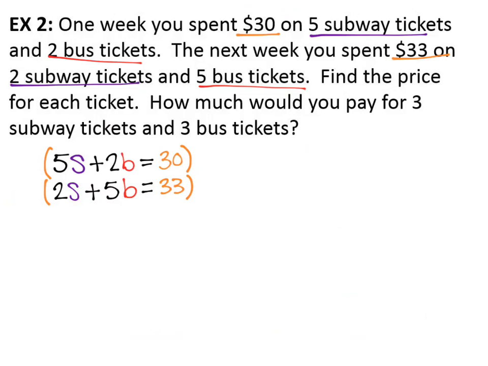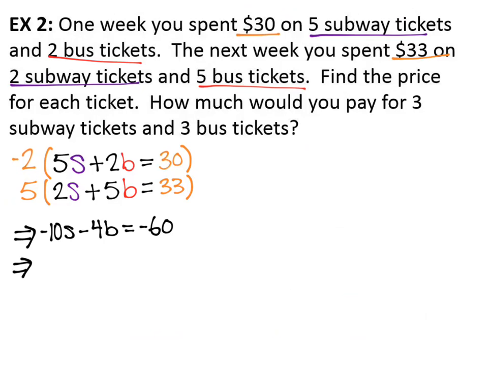So I multiply the top by 2 and the bottom by 5, the opposite, but since they're both positive, I need to make one of these negative. So I'm going to make that top one a -2. I'll write the answer to the top equation right here, and the same thing with the bottom. That gives us -10S, -2 times 2 is -4B, -2 times 30 is -60.